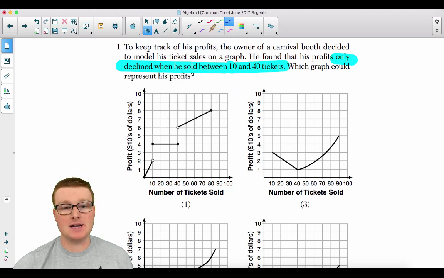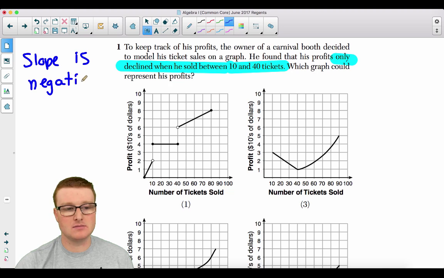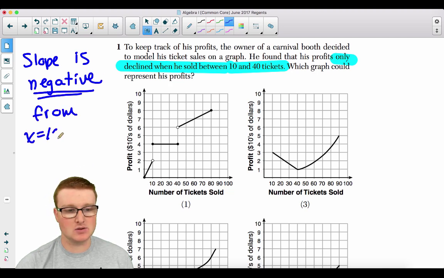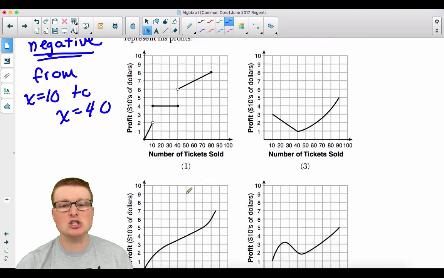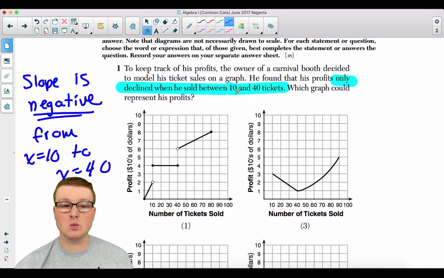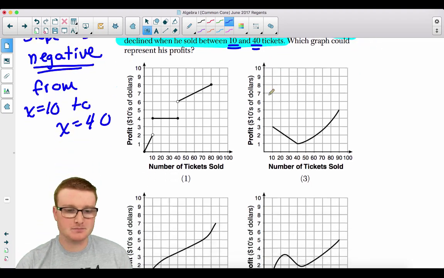So what's happening is the slope is negative from x equal to 10 to x equal to 40. If you look at the graphs and the number of tickets sold, let's find the one where it only decreases from 10 to 40 and then increases after that.